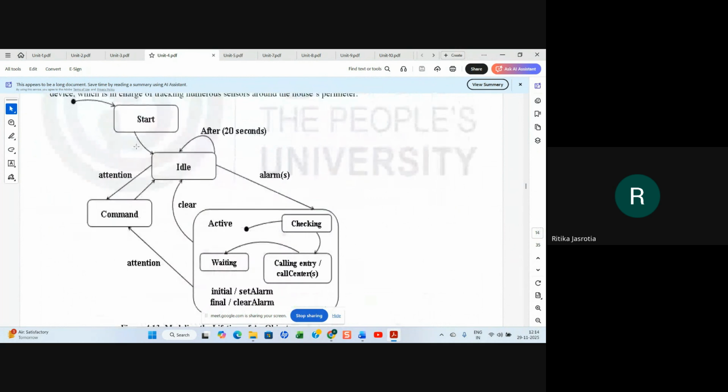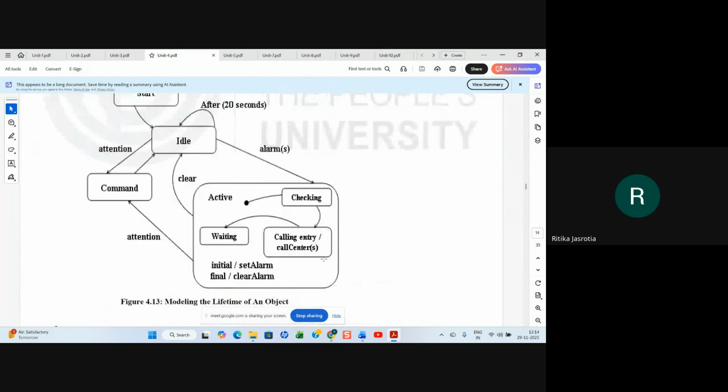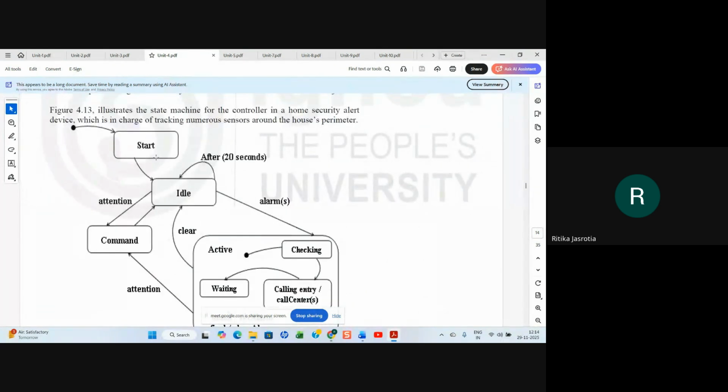Here your starting state is there and an ending state will be there. So start state, then it goes to idle, right? From idle, if there is attention, it will go to command. After every 20 seconds, it checks whether some attention is there or it is still idle.